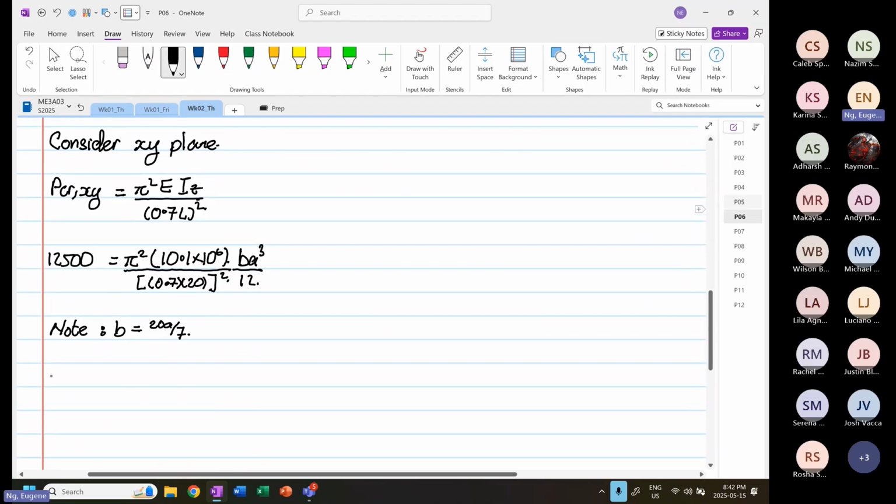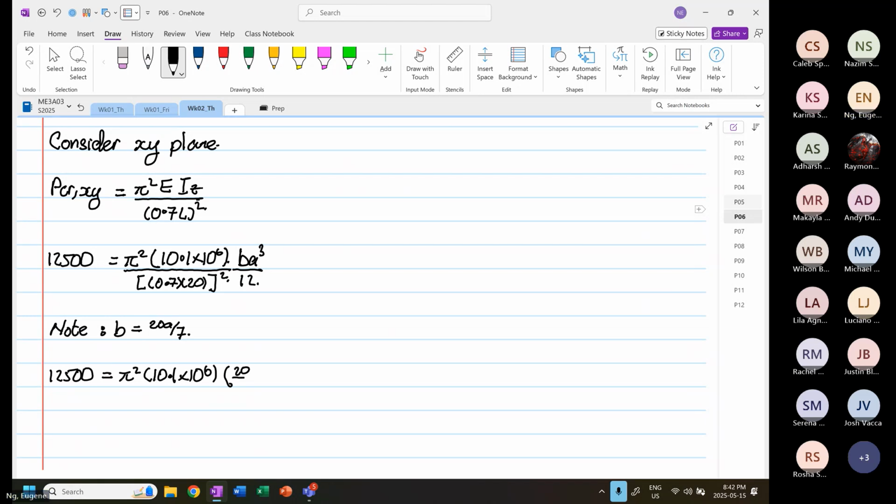When we put that in, we have 12,500 equal to pi squared, 10.1 times 10 to the power 6, then 20 over 7 multiplied by A to the power 4, because that replaces B, and the whole thing divided by (0.7 times 20) squared, and then we have 12 down here.